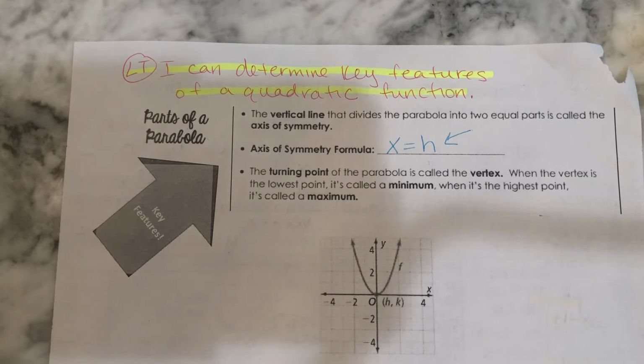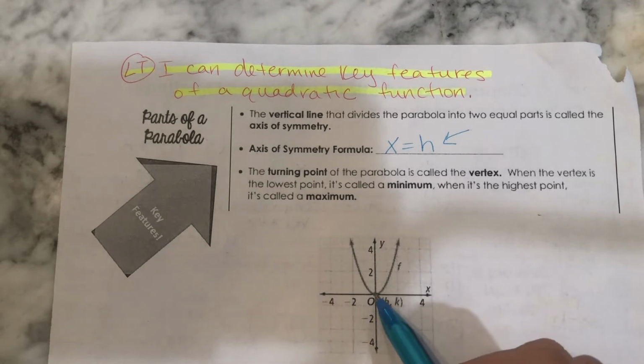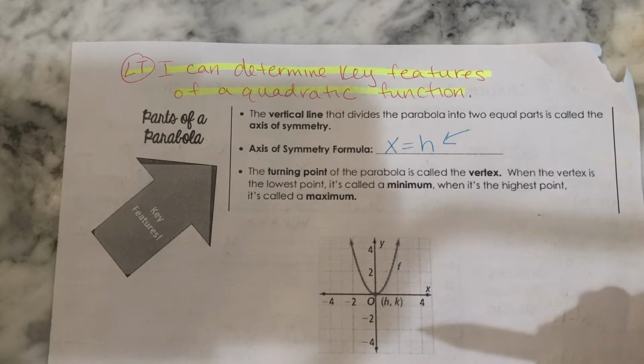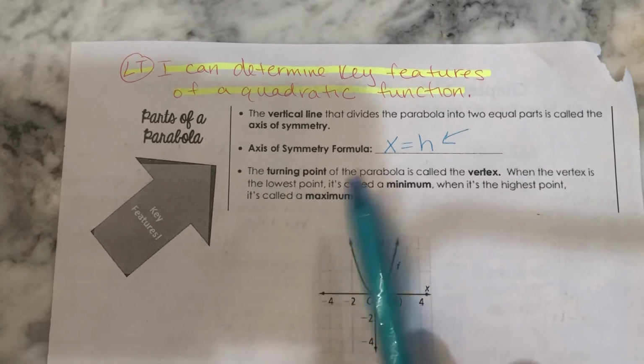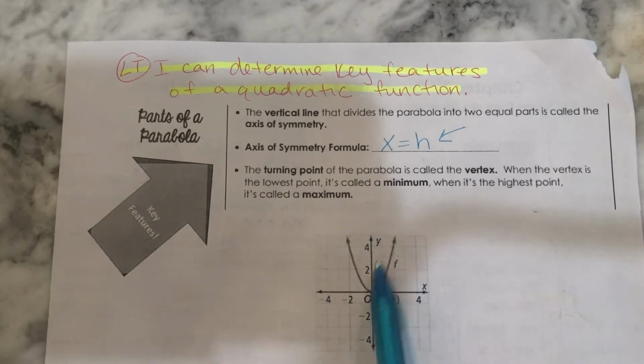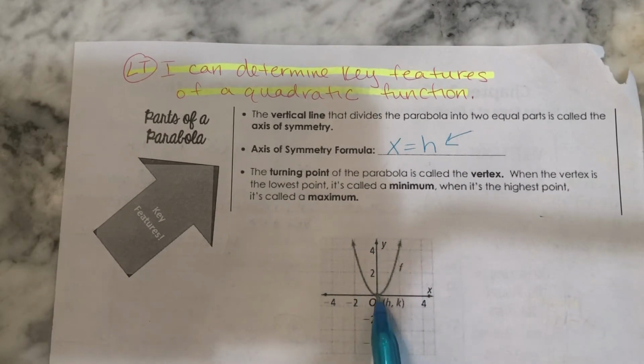All right, and then the turning point of the parabola is called the vertex. So the vertex is either the lowest or highest point of the graph, depending on how the parabola is opening. If the parabola opens up, it has a minimum, and that would be its lowest point.